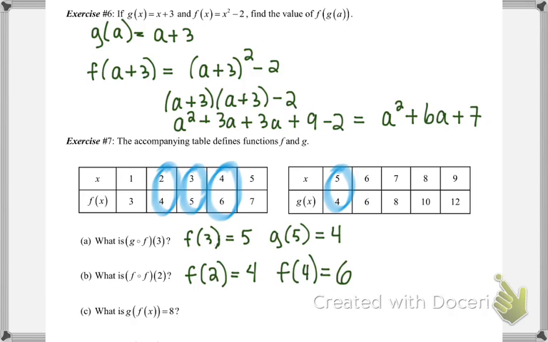Okay, g of f of x is equal to 8. So this means that g of x is equal to 8. Sorry about that.